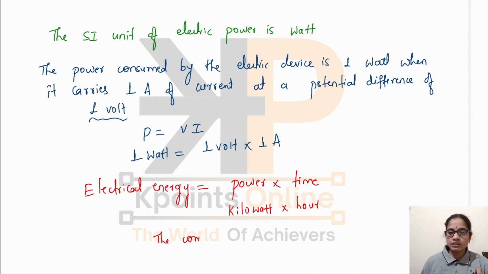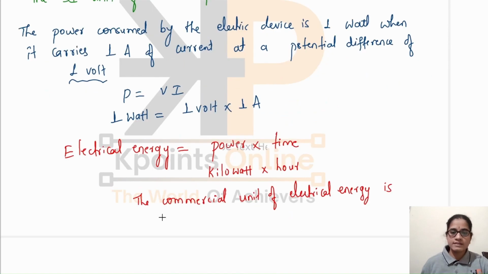It is denoted by small k, big W, small h. Kilowatt hour.